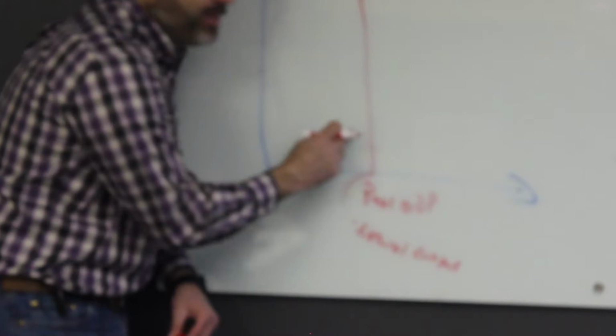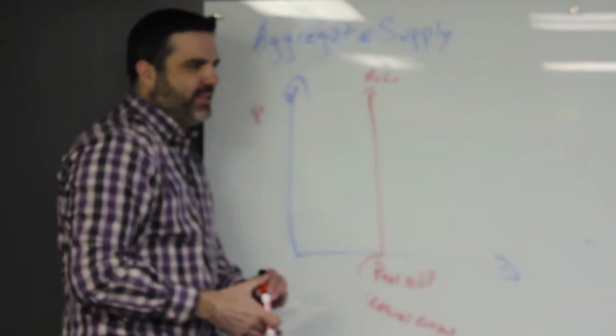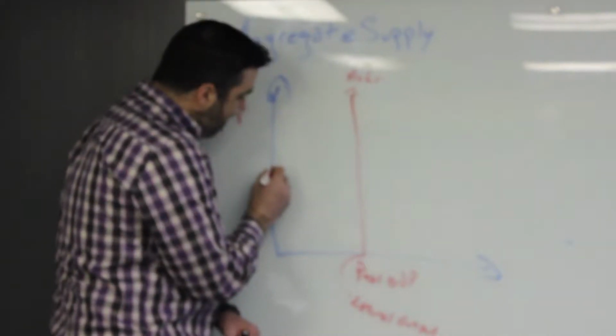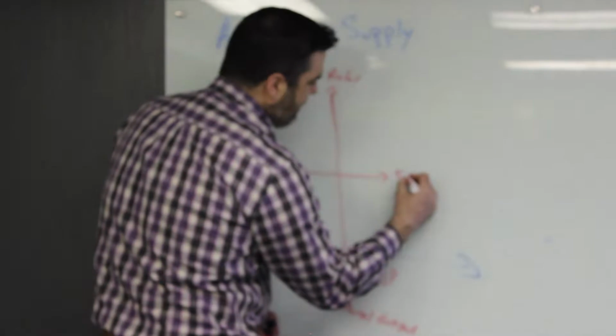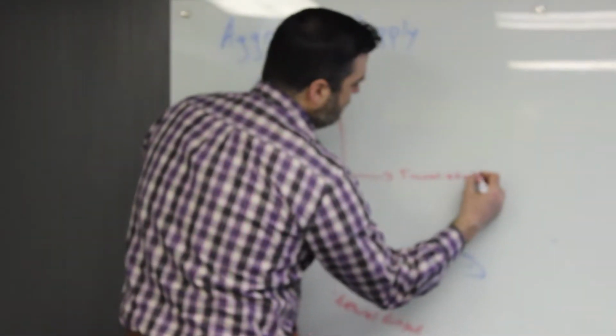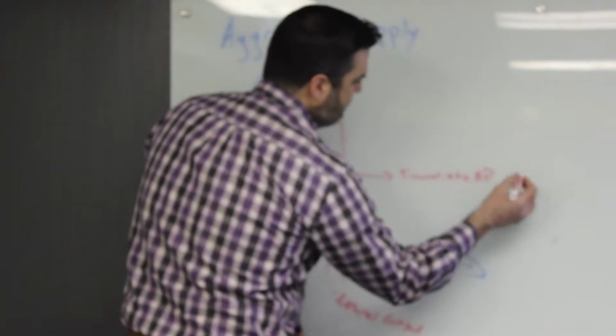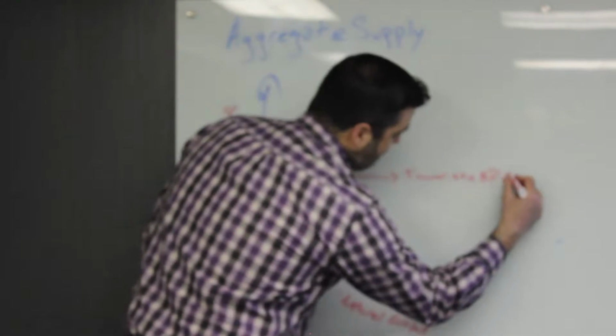This is where the economy wants to live. This is going to be full employment. It's where the economy wants to live. And this is going to be our immediate short run. There you go. You've got the rest. Aggregate supply.